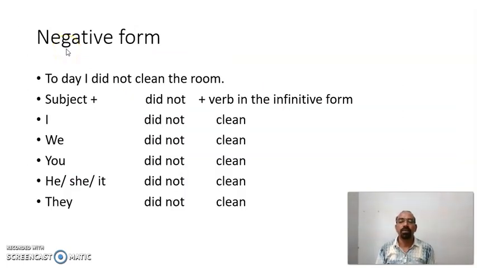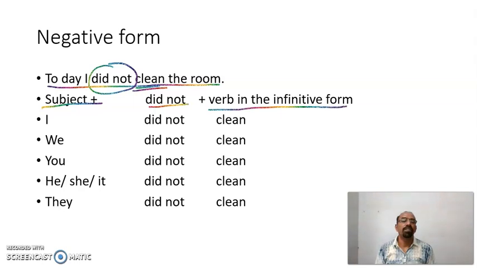Now let us check some negative forms. Today I did not clean the room. Here the negative form is formed by adding did not with the base verb. So this is the format. Subject plus did not plus verb in the infinitive form.